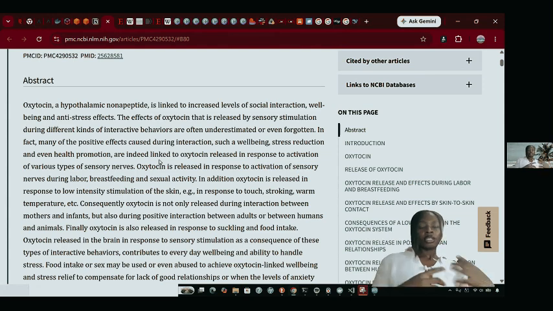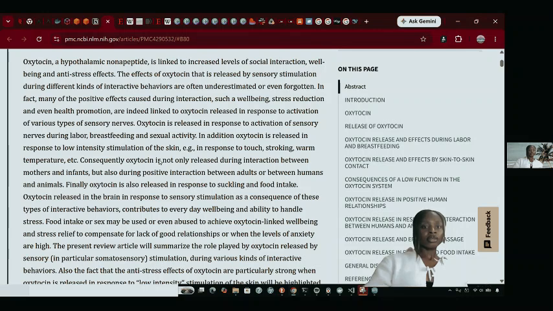See here. The effects of oxytocin that is released by sensory stimulation during different kinds of interactive behaviors are often underestimated or even forgotten. We mostly think, oh, I should maybe get a hug, or I need to be with someone, but there are ways you can personally stimulate oxytocin in yourself, right?